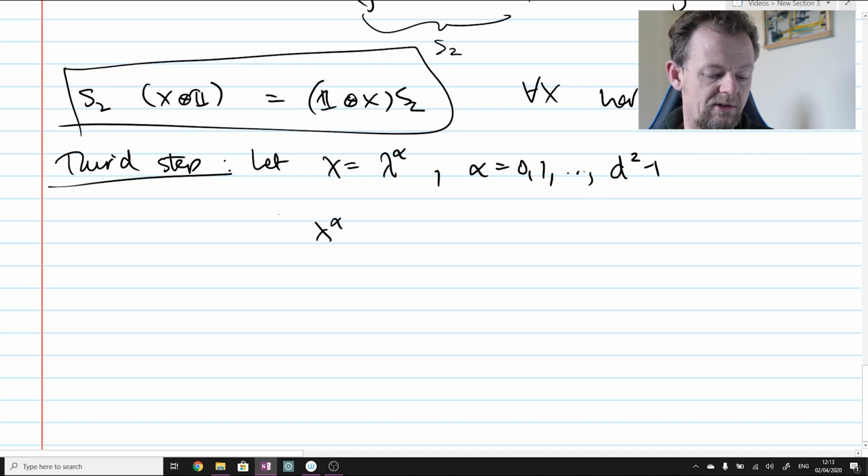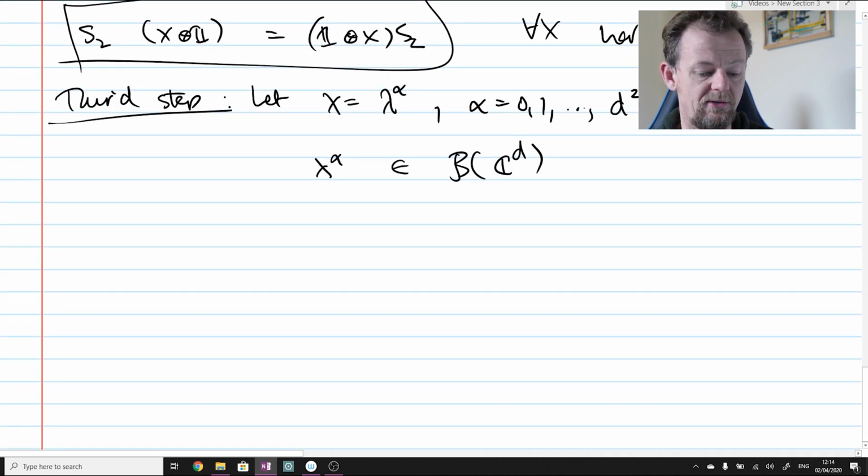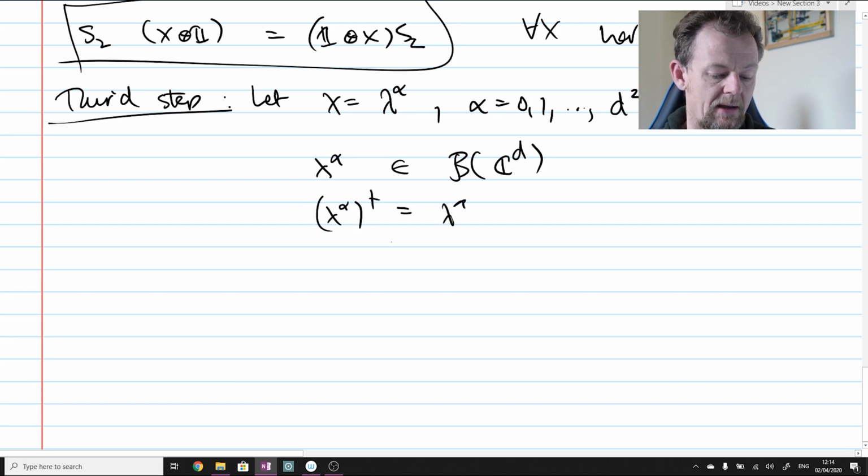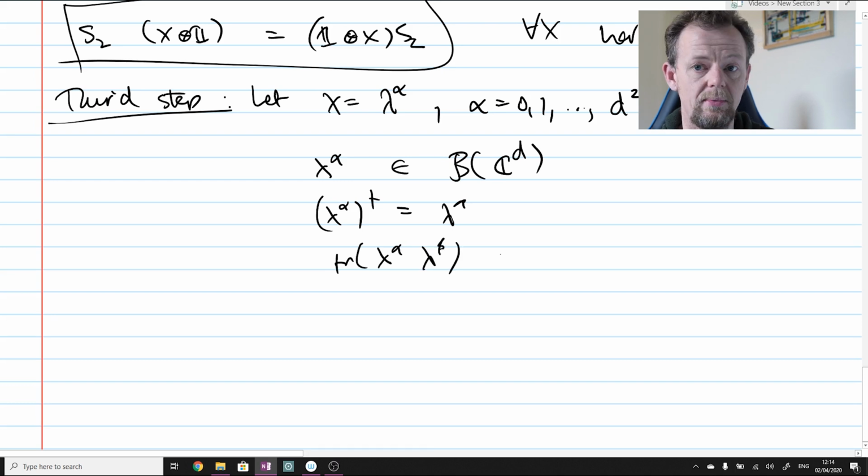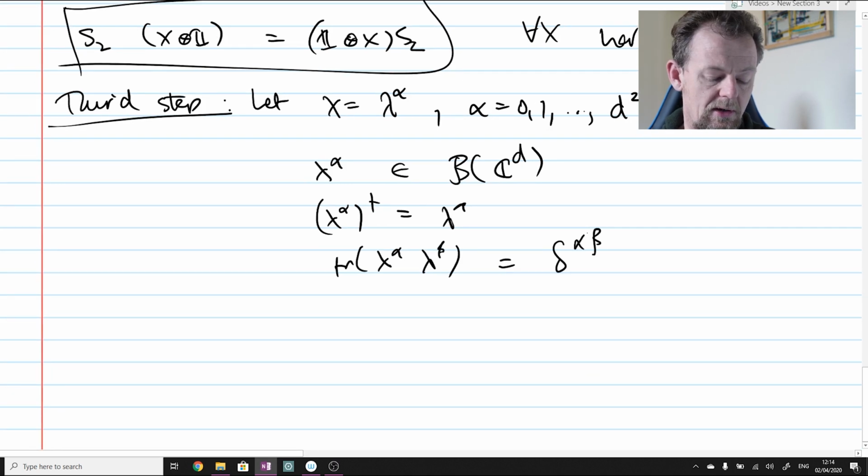What are these lambda alphas? They are matrices, just d by d complex matrices that we're going to take to be Hermitian, and we're going to take them to be orthonormal with respect to the so-called Hilbert-Schmidt inner product, meaning that if you multiply two and take their trace, then you get nothing unless alpha equals beta.